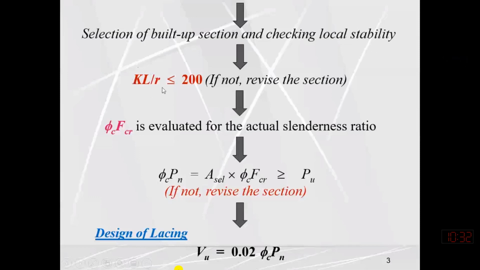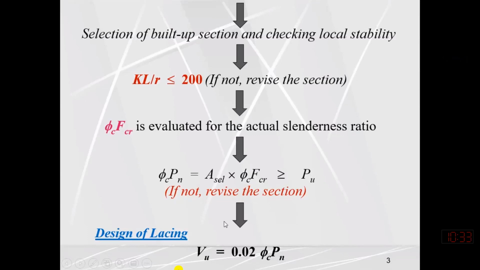Depending upon the governing slenderness ratio, we compute the actual phi c Fcr value at which the column may buckle. Then we compute the capacity by multiplying the phi c Fcr value with the area of the selected section. If the capacity is more than the factored compressive force, then this section is okay. Otherwise, we need to revise.